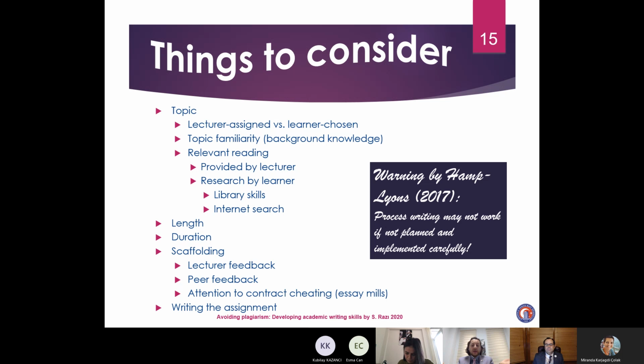Or do you ask them to go to the library or to search on the internet to find the relevant sources? Here comes another thing, the reliability of the sources. If they are to choose their own sources, how do they avoid predatory publishers, or what criteria do they need to take into consideration in identifying the credibility of the sources?